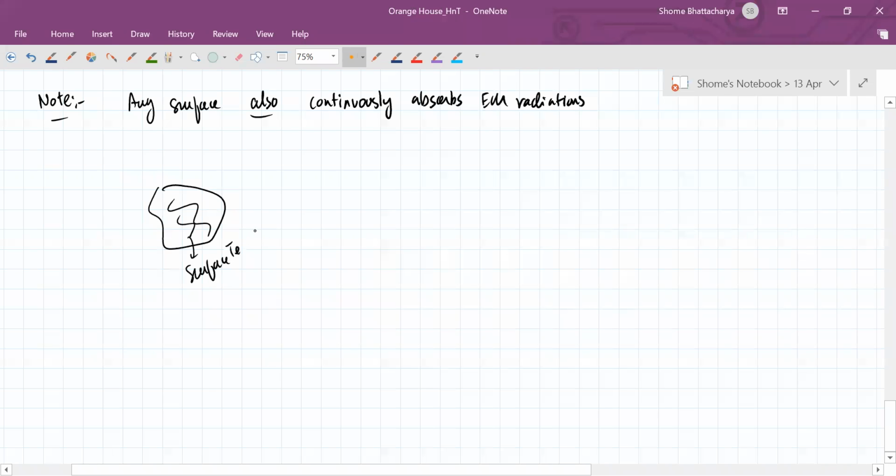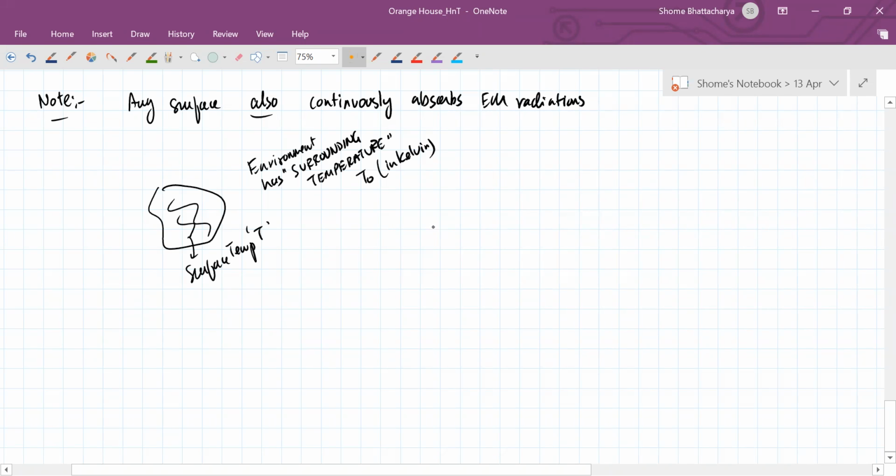If this temperature is capital T, but the environment it is in has what we call surrounding temperature, the surrounding environment has a surrounding temperature of, let's say, T naught in kelvins.